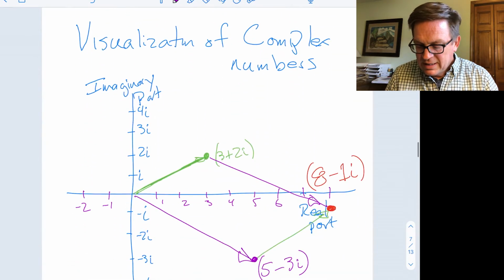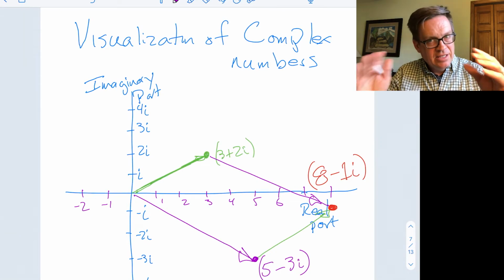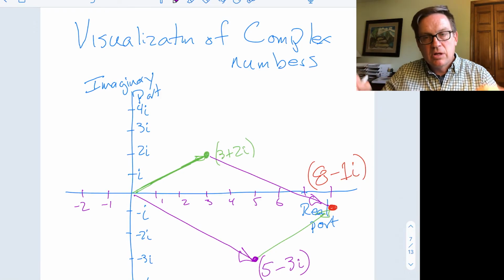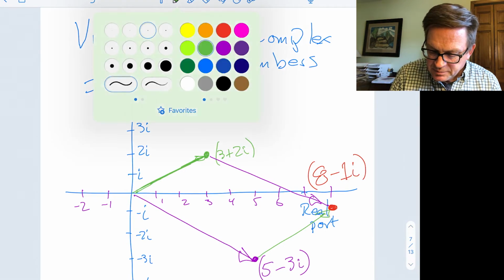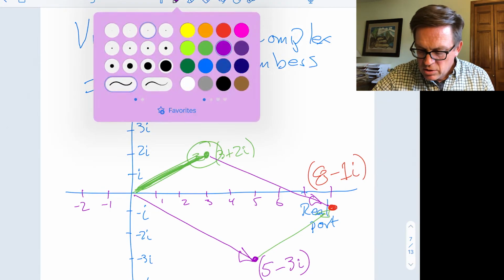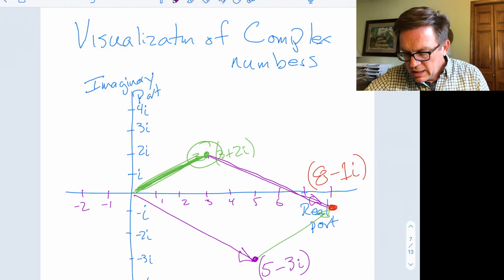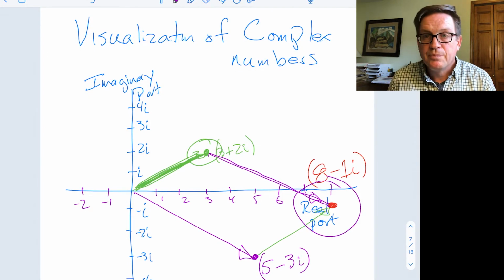So one is, what does it look like to add them? Well, if you add them, you just add these lines. You can put one line after another. So going up here on the green, I go 3 plus 2i out to this point, and then I go 5 to the right and down 3 along this purple, and I end up at 8 minus 1i.